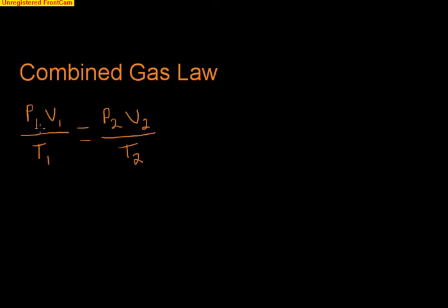The subscripts, the 1's and the 2's, indicate your initial and your final conditions. Initial means what you're starting out with, and final means what you end up with. So the 1's denote the conditions that we're starting with, and the 2's denote the conditions that we end up with.